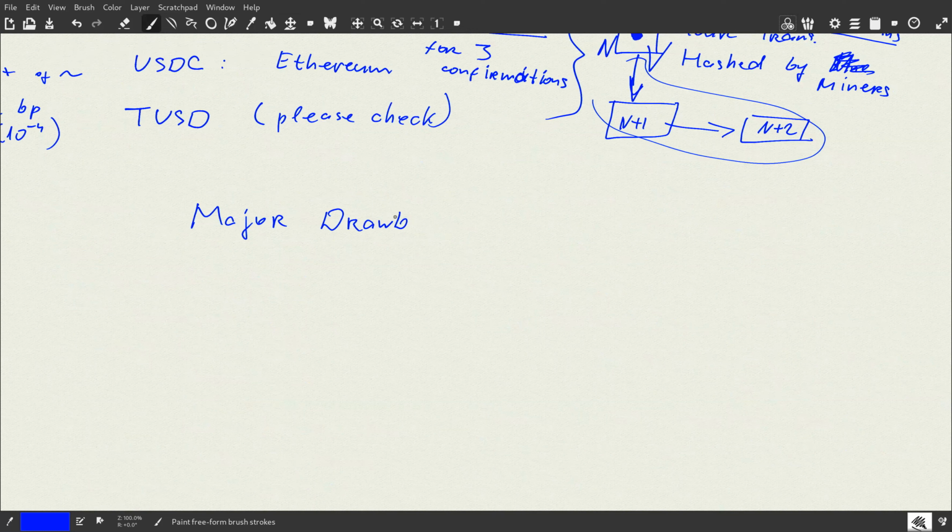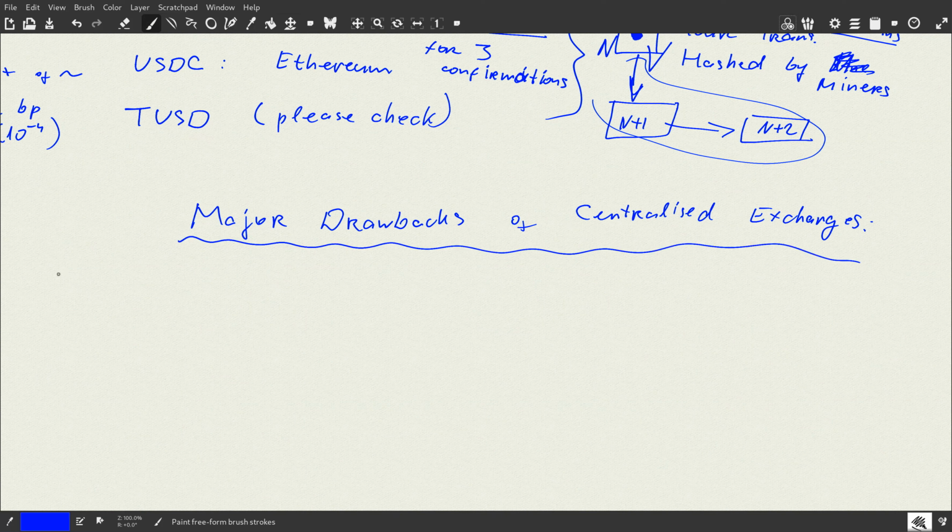Returning to our story of financial exchanges, what are the major drawbacks of centralized exchanges? The major drawback, I would put it that way, is that when a trade occurs at the exchange, the trade is not really a trade.